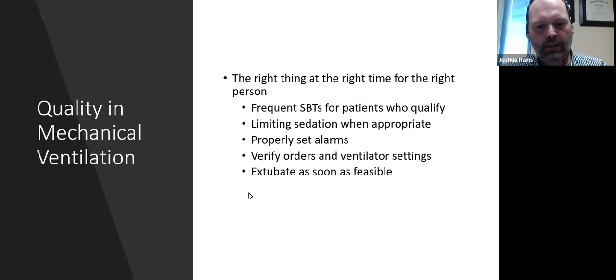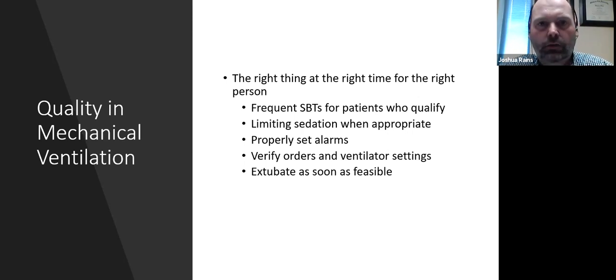Use an SBT, for example. If you did an SBT on the wrong patient, you wouldn't be giving quality health care. And if you weren't doing the SBT at the right time, you aren't giving good quality health care. You can't really break this definition apart, because it would just be redundant, and they all fit together.